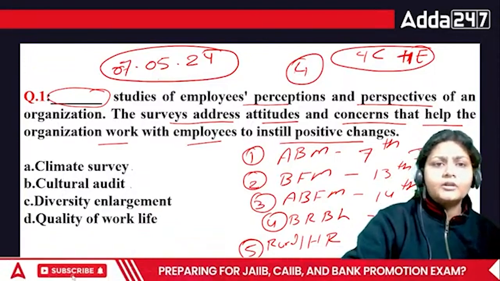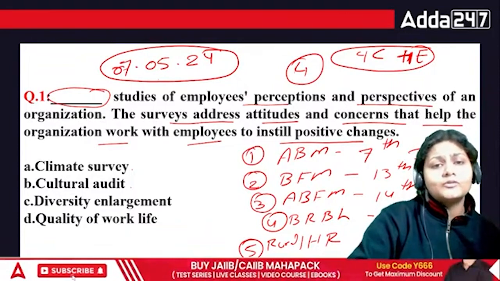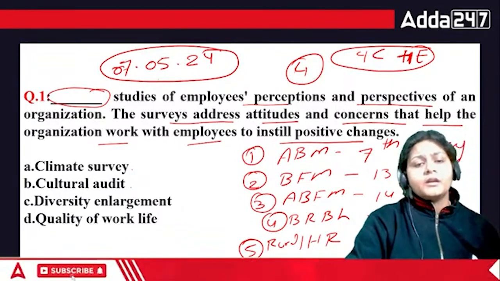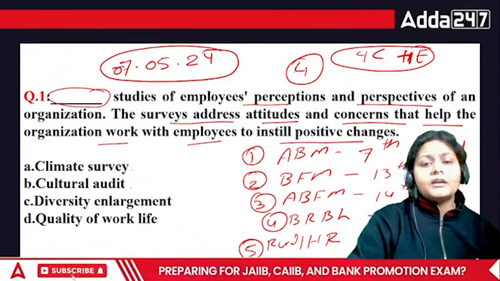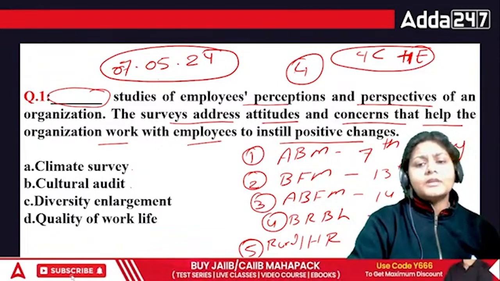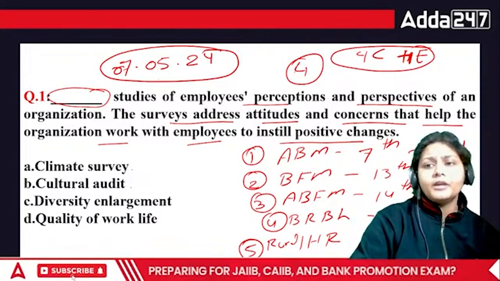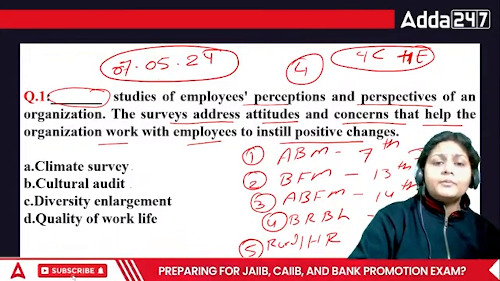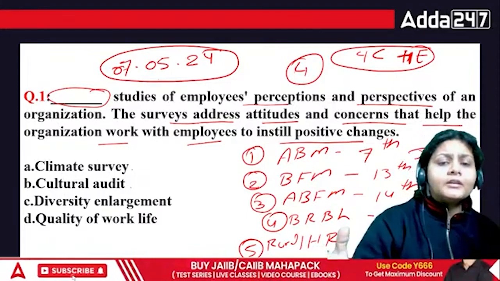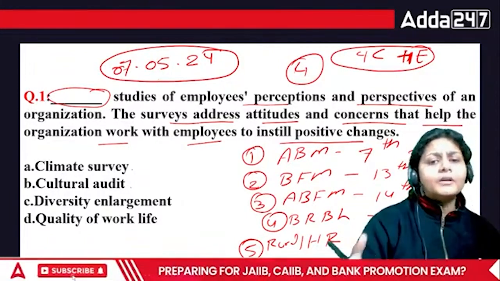I'm just checking your comment also. So which one is the right answer? This question is from your compensation and reward management part. Here I'm going to ask you what is the concept where we have to check the employees' perception and perspective about different things, maybe the salary, maybe the environment, or maybe anything.